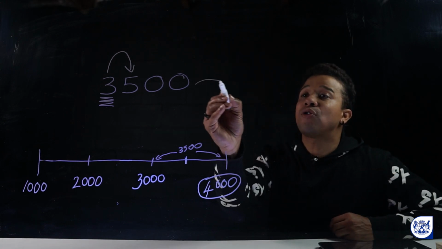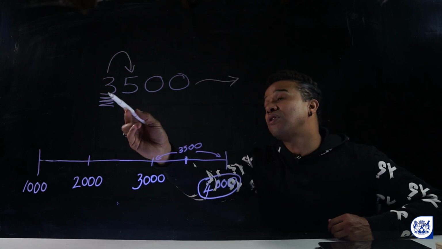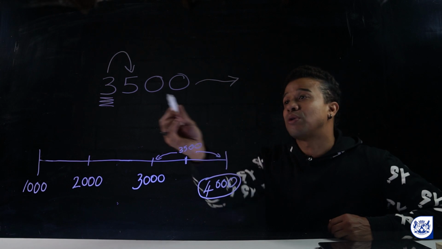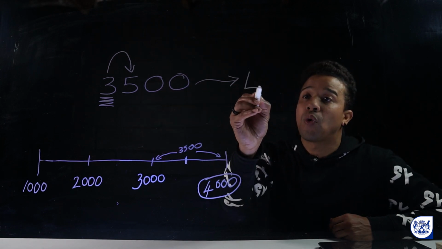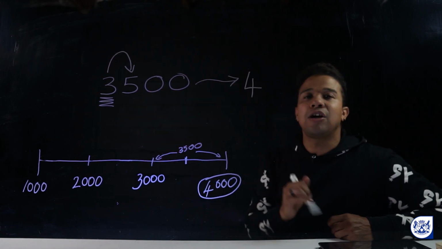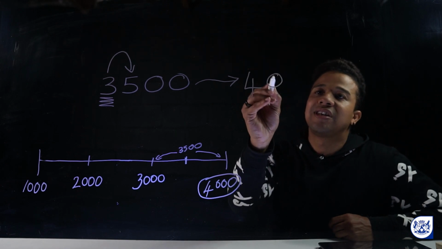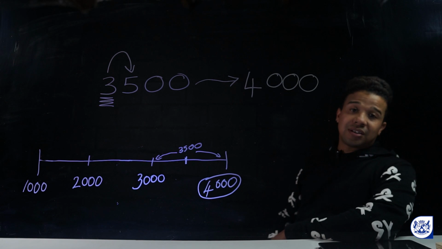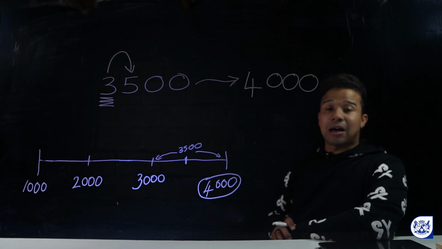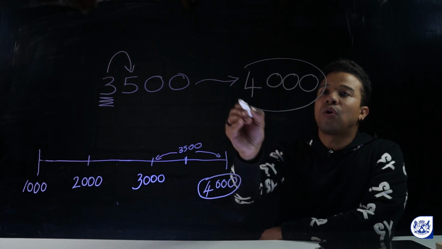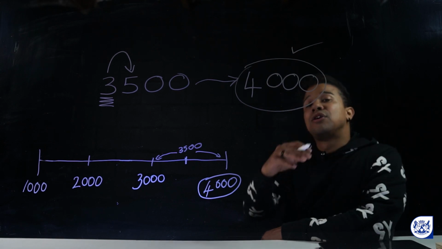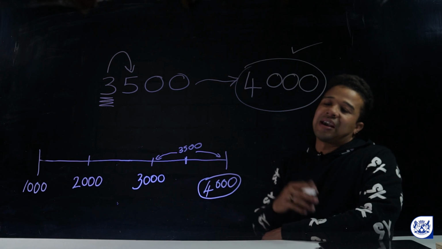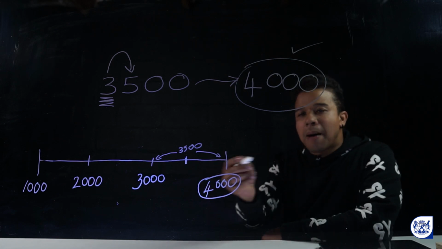And when it's 5 or more, the number we are focusing on, the number 3, will increase by 1. So 3 increased by 1 will give you 4. And the numbers behind the 3 will become 0. So 3,500 rounded off to the nearest 1,000 will give us 4,000. And using the rounding off rule gives us exactly the same answer as when we looked at it on the number line.